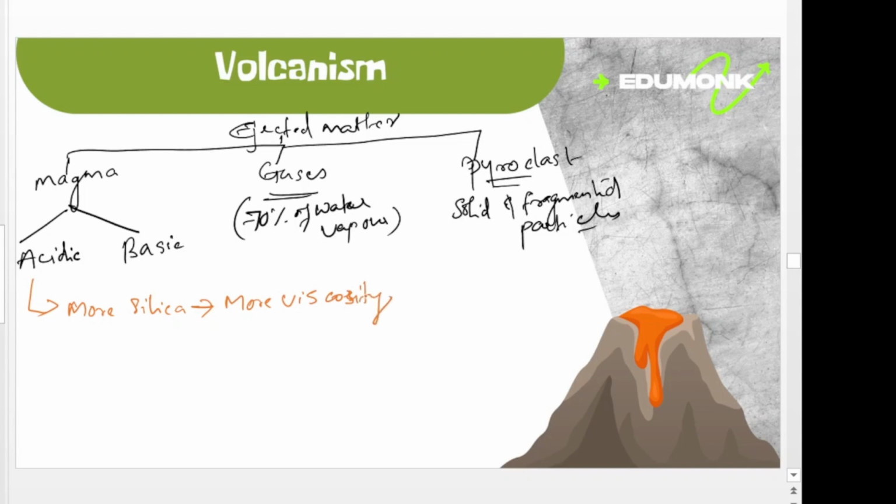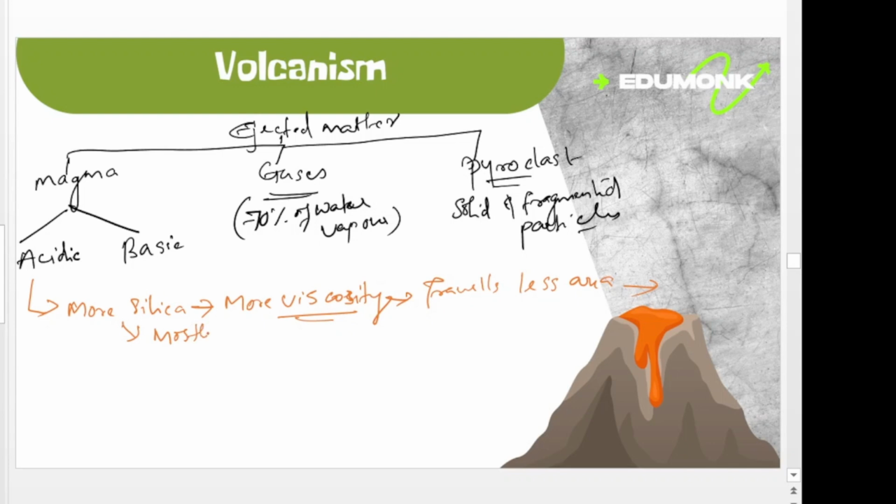So with more viscosity, that magma travels or flows less area. It contains more silica, so it has more viscosity, so it travels less area. In most cases it will solidify in the interior of earth.